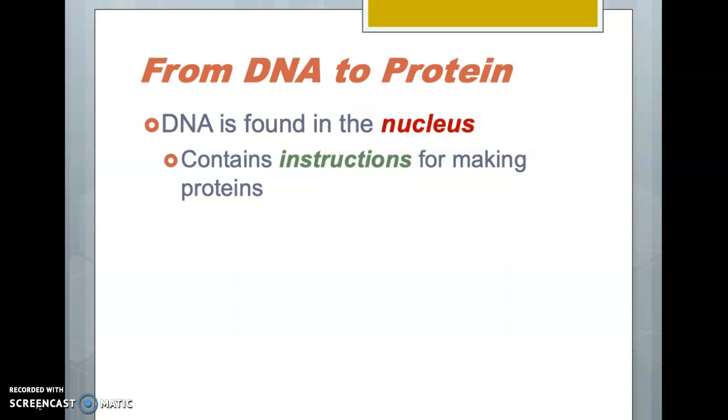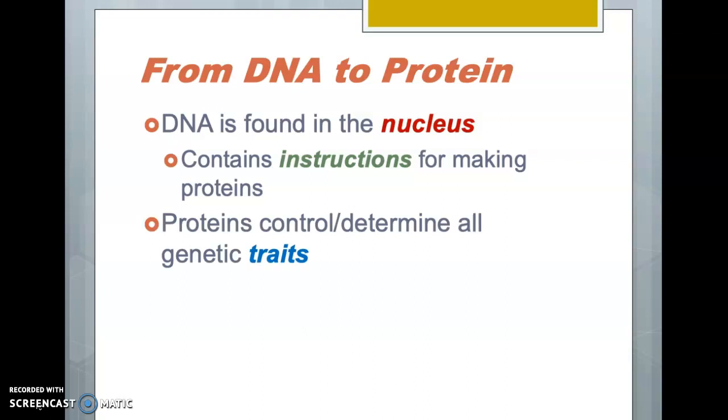The thing with this is we've known for a long time, you've known for a long time, that DNA contains the genetic information for the organism, but we don't ever really talk about how that information actually gets translated into traits. Because that's the step-by-step process. You've got to have DNA that contains the instructions.